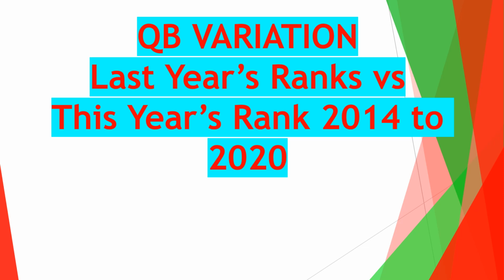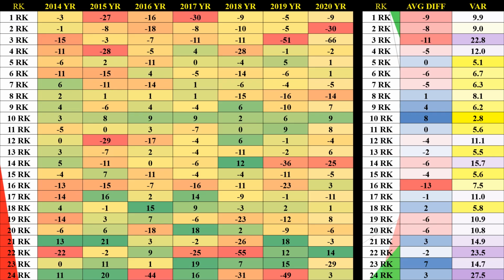So I then looked at the variation just in recent times, from 2014 to 2019. And let's see what we see here. What I'm doing is looking at these numbers, minus numbers, as a way to compare last year's ranking with this year's ranking.